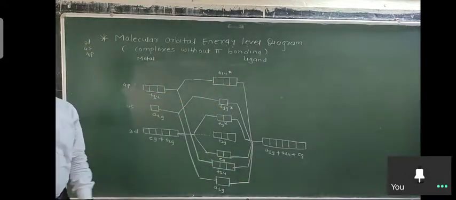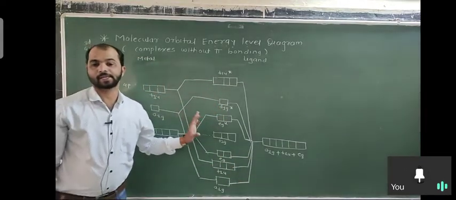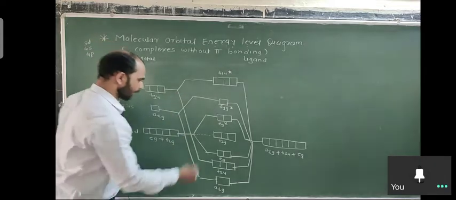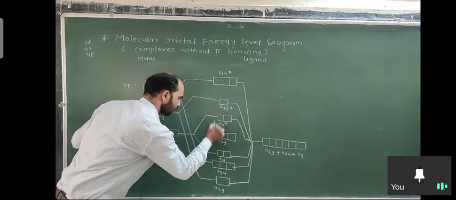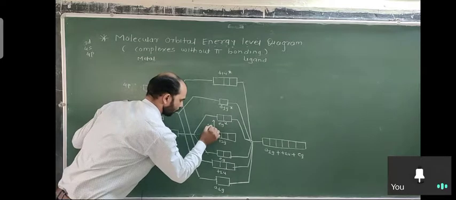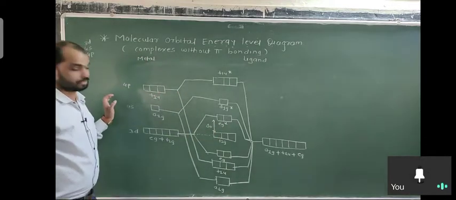This way, this is the molecular orbital energy level diagram, and this is the delta O, meaning energy.